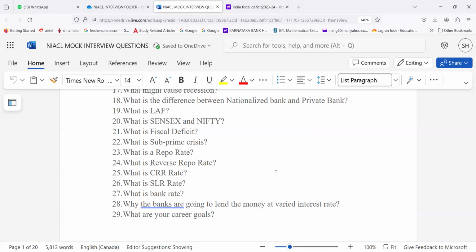If they do not maintain that, penalty charges will be levied. On the contrary, Reserve Bank will not pay any interest for the balance maintained by banks in the Reserve Bank.